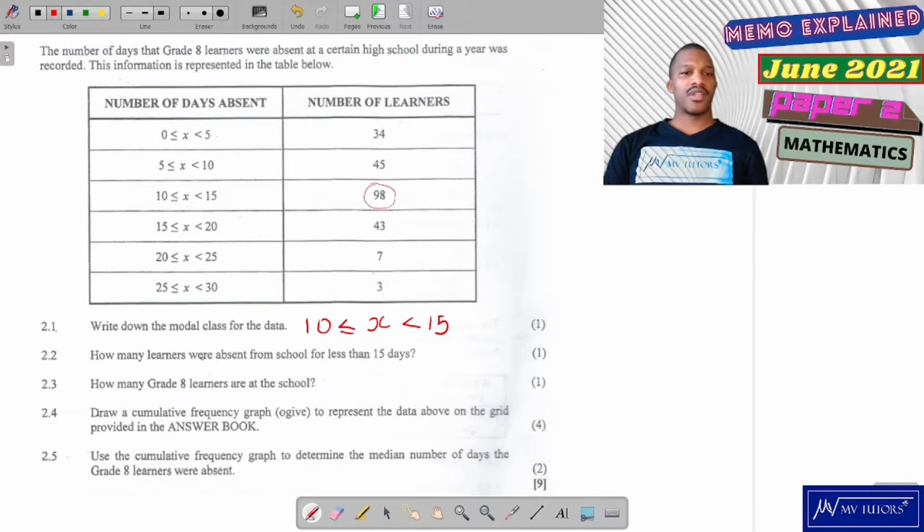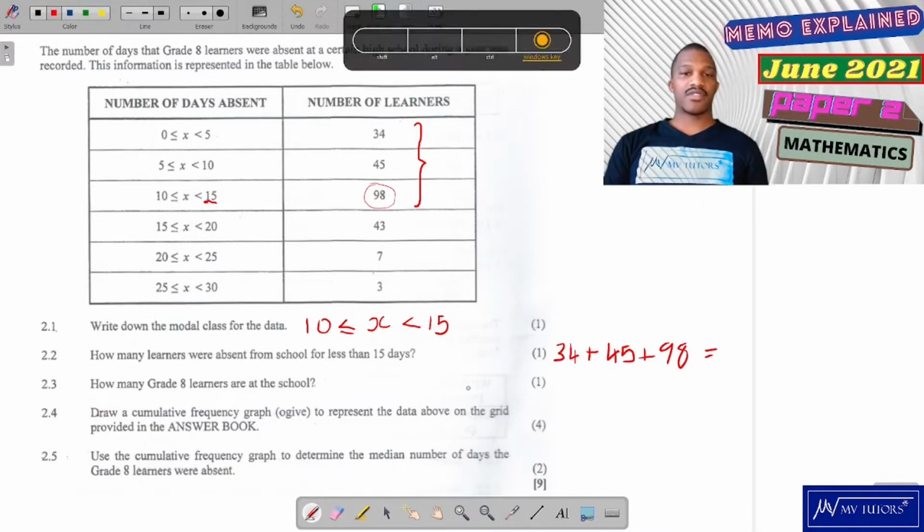Okay, how many learners were absent from school for less than 15 days? Less than 15 days is as you can see over here. So what we really have to do is add these up. We're going to say 34 plus 45 plus 98.